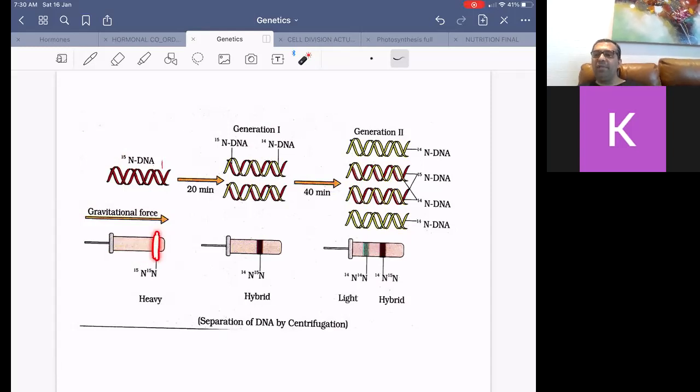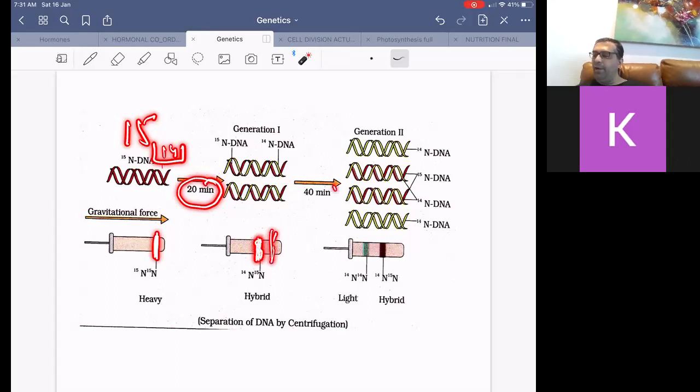And then they mixed N15 with N14. After 20 minutes, they found that the DNA settles somewhere at a higher level. So earlier it was at the bottom level, now it comes to a higher level.